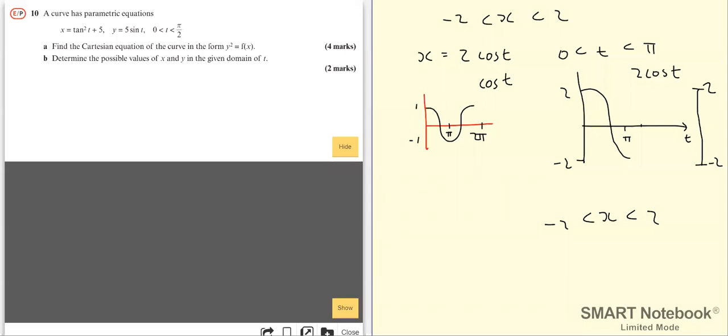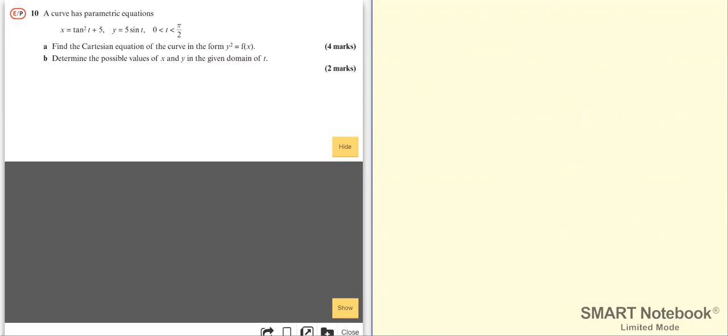But if we do it a long-winded way around, we know tan squared is linked to sec squared. So we know that tan squared and sec squared are linked, and I can get to sec using sine squared and cos squared.